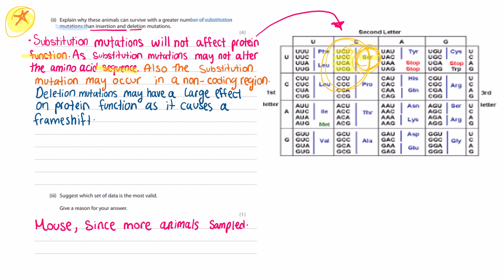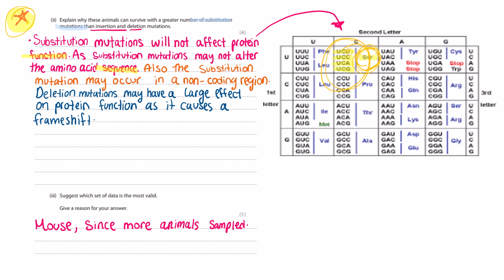Okay, so substitution mutations will not affect protein function, as substitution mutations may not alter the amino acid sequence. Okay, they like the word sequence, so make sure to include it. Also, the substitution mutation may occur in a non-coding region. And if you see a real amino acid sequence, it can be very long.